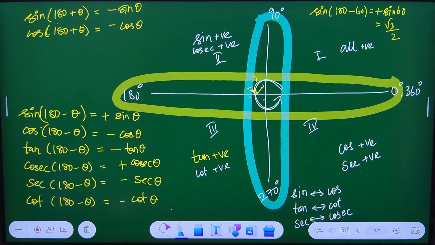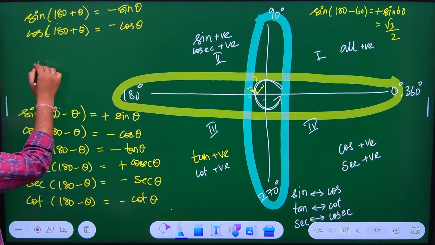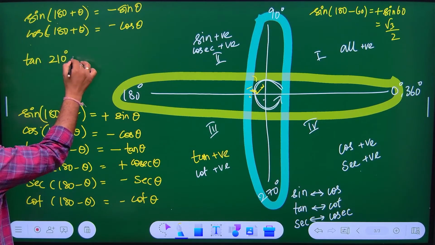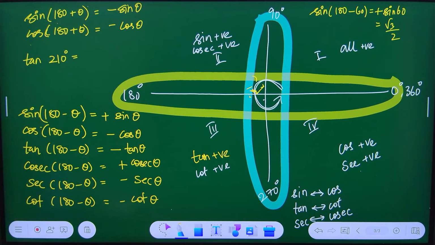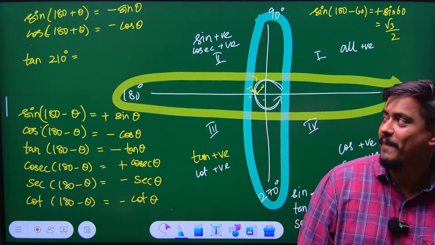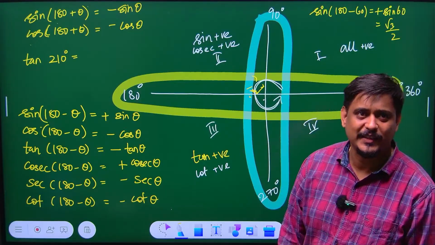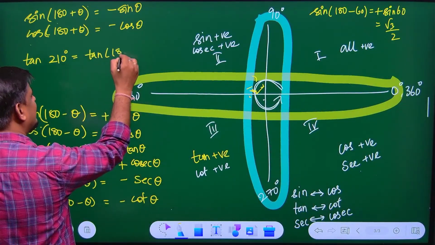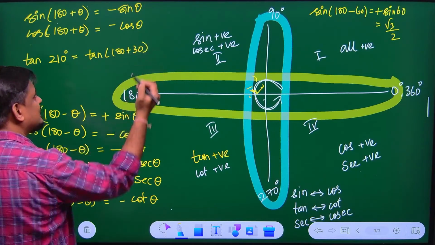Okay. Next question is to Sri Charan. Sri Charan, you are there? Yes, sir. Question to you is, what is tan 210 degree? Tell me step by step. 180 plus 30. Very good. Tan 180 plus 30. Which quadrant? Third quadrant.